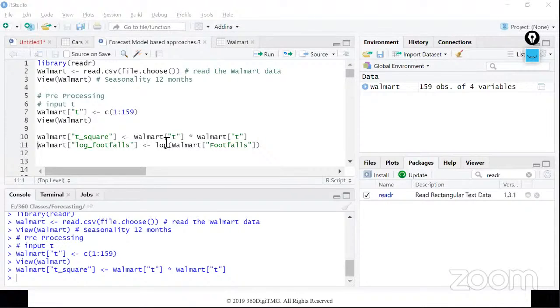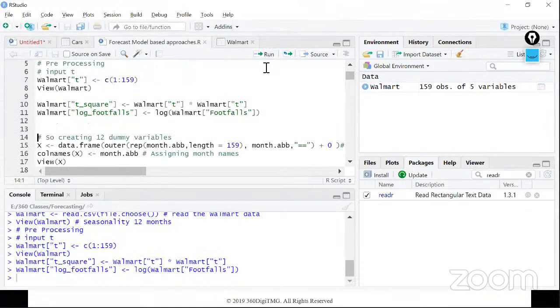Once I have done the T square, I can also do the log, because remember we had done the exponential model also. So I'm going to run that as well.